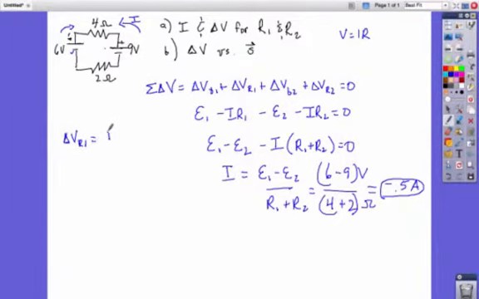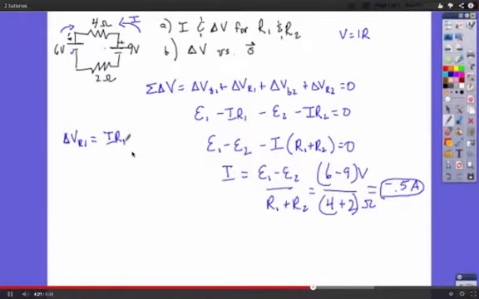Now, using this current, I can determine the drop in voltage across each of the elements. Here I'm finding the change in potential across this first resistor, the 4 ohm resistor. You just take the current, which is negative 0.5 amps, and multiply it by the resistance, which gives negative 2 volts. Just a quick note on negatives and positives here.